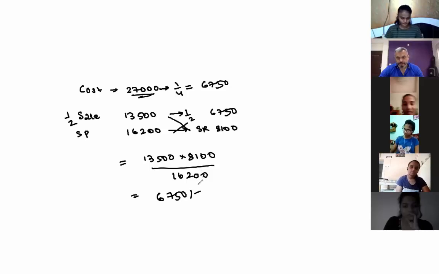Got it? Now what is 6,750? It is basically 1/4. 100 purchased, 50 sold, half of it, so out of 100 how much are we returning? 25 we are returning. You can directly do 25% or 1/4 also.